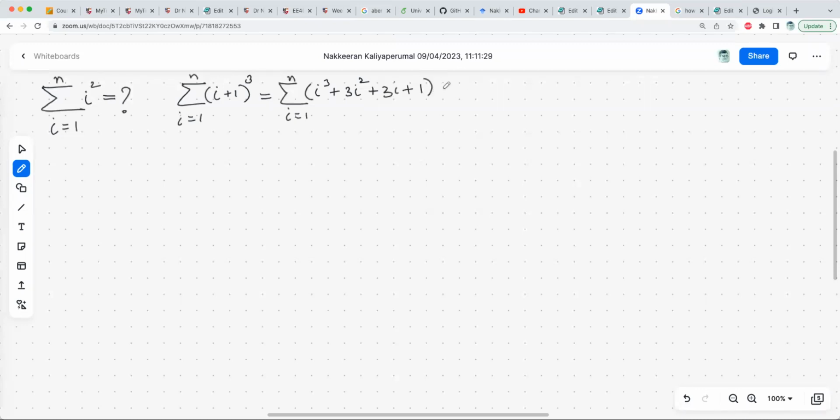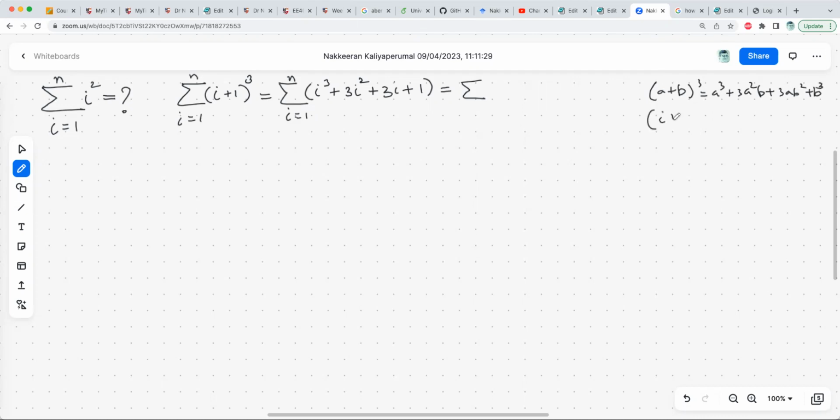The expansion of (a plus b) whole cubed is a cubed plus 3a squared b plus 3ab squared plus b cubed, right? Here b is 1 and a is i.